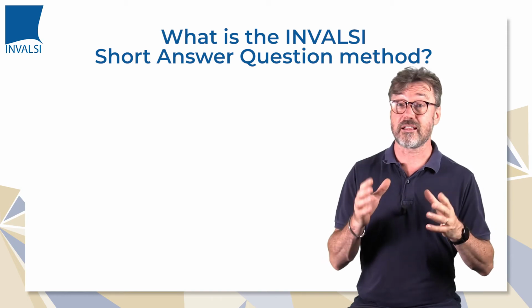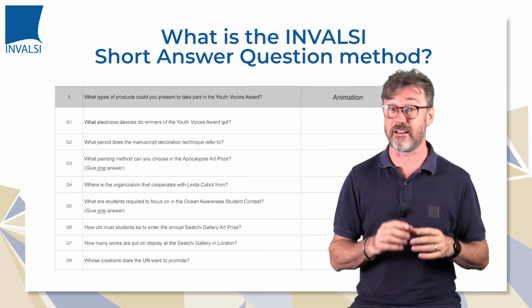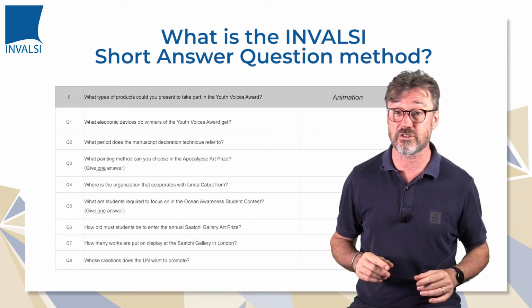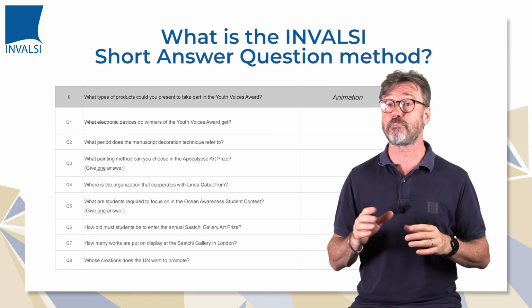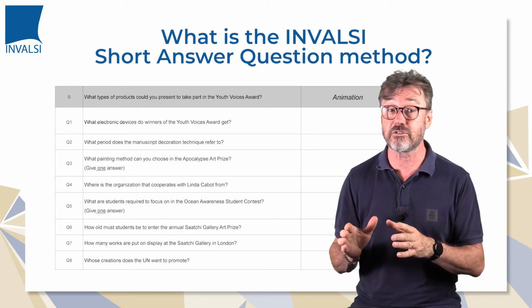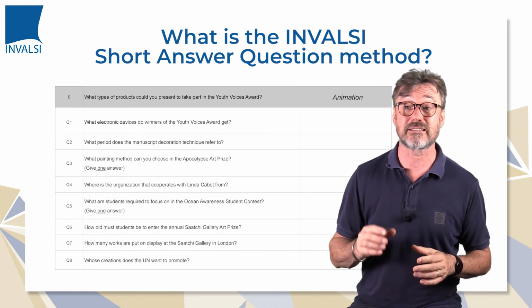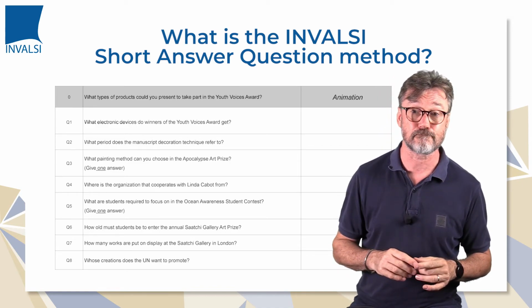The short answer questions method consists in a series either of open-ended questions or of incomplete statements based on the reading text which the students have to answer or complete using a maximum of 4 words.